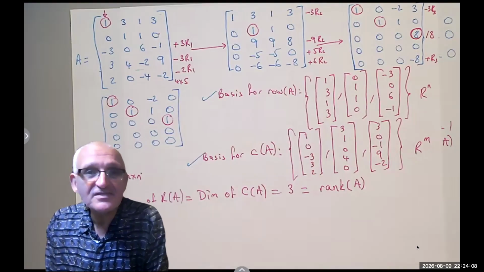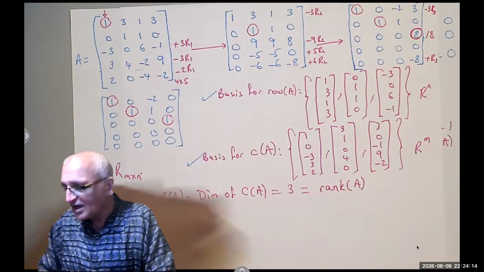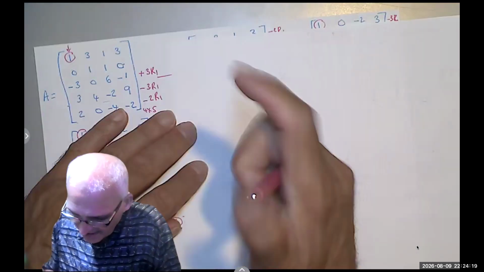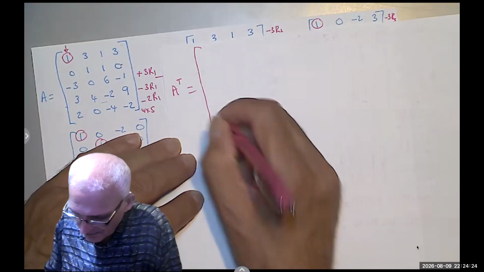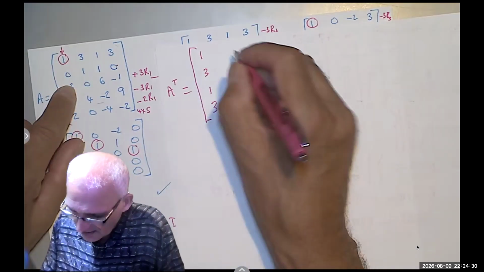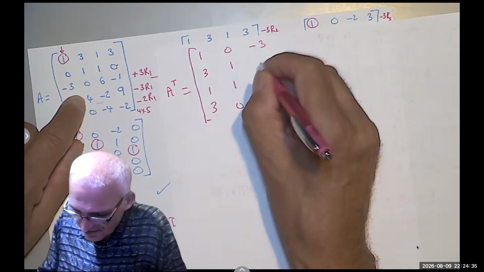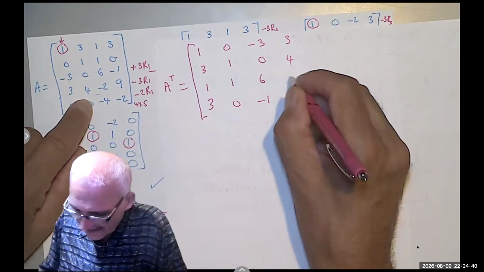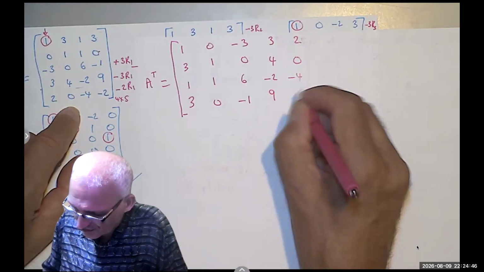It's called the left null space of A. We call it the left because we are going to take the transpose of A. Here is the A transpose. 1, 3, 1, 3, 0, 1, 1, 0, negative 3, 0, 6, negative 1, 3, 4, negative 2, 9, and 2, 0, negative 4, negative 2.